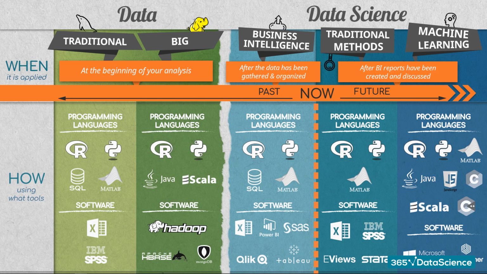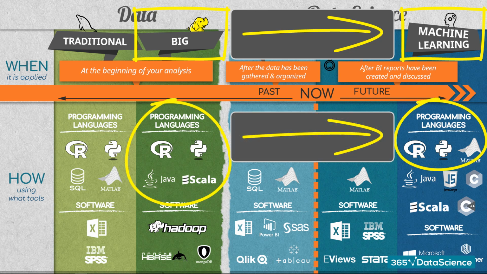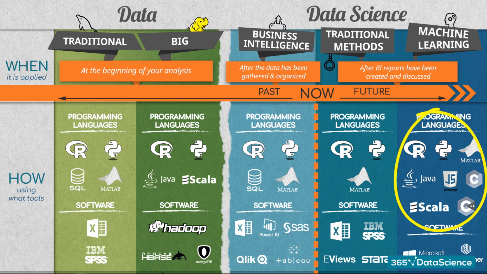When it comes to machine learning, we often deal with big data. Thus, we need a lot of computational power, and we can expect people to use languages similar to those in the big data column. Apart from R, Python, and MATLAB, other faster languages are used, like Java, JavaScript, C, C++, and Scala.